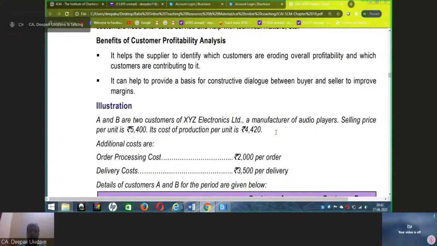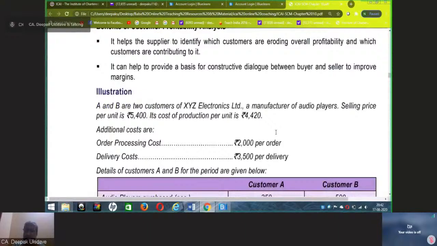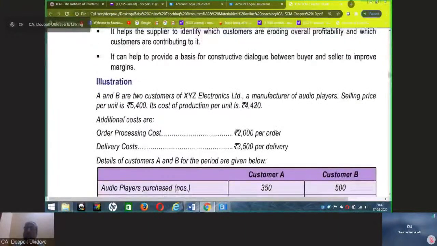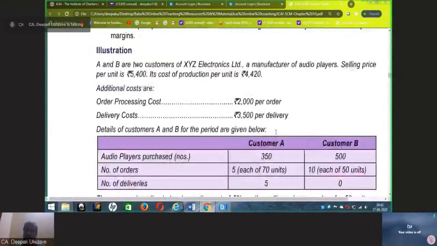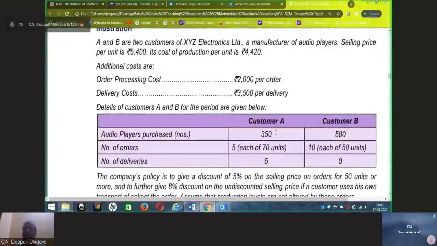Let's look at the illustration or a case study based on customer profitability analysis. Students, these problems are not so easy to tackle in the exam. I am always worried not about the calculations but about the tables, working notes. Students should have clarity in preparing the working notes, preparing the tables, presenting the data in a tabular form.